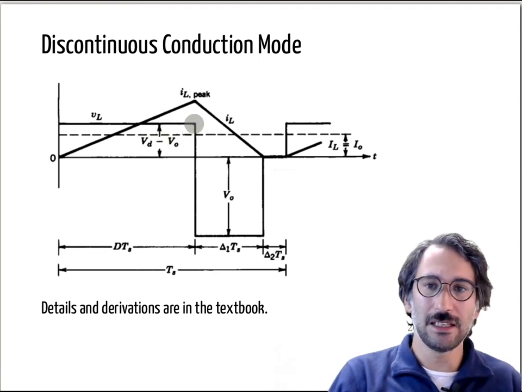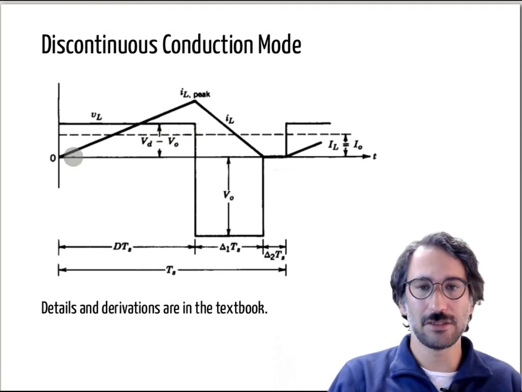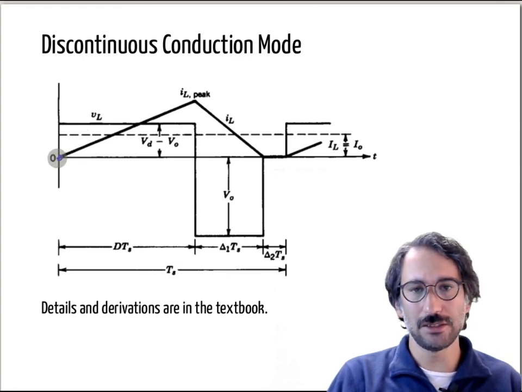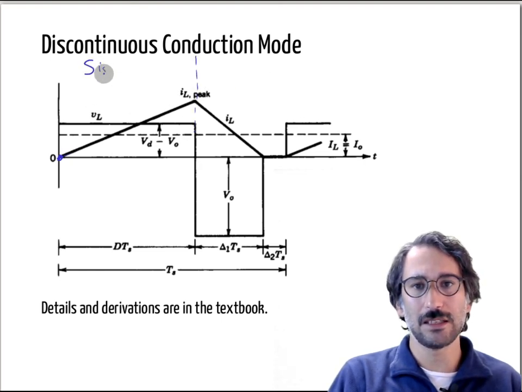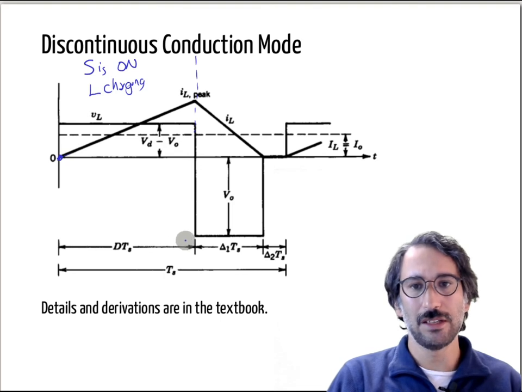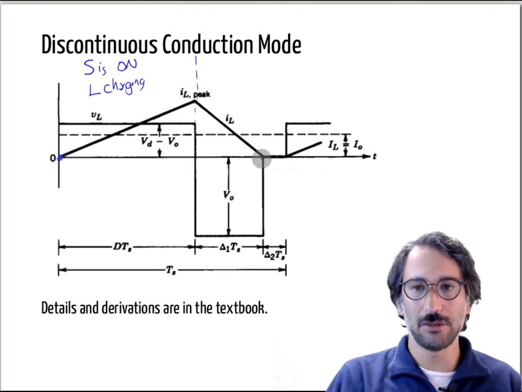But let's discuss the basic relations. Now it just starts from zero current, and during that time, S is on, L charging. So you have dTs. This is no different than the previous operating conditions.